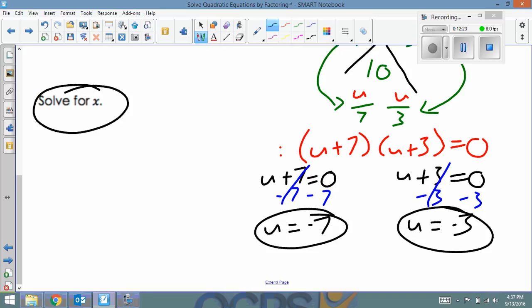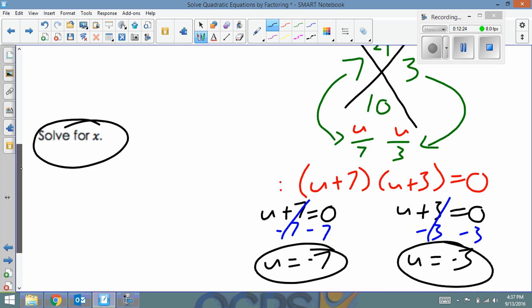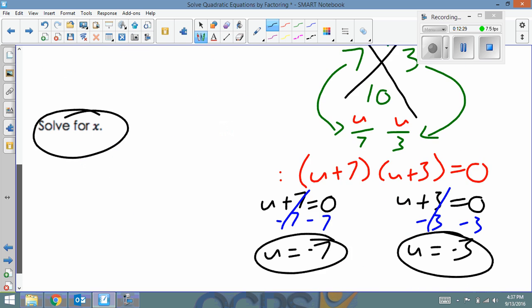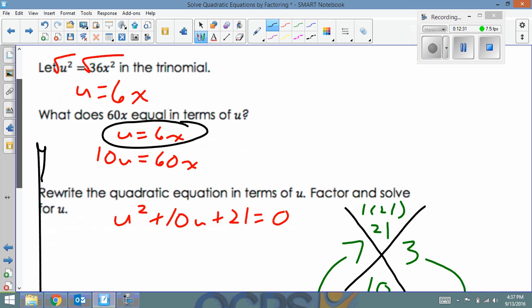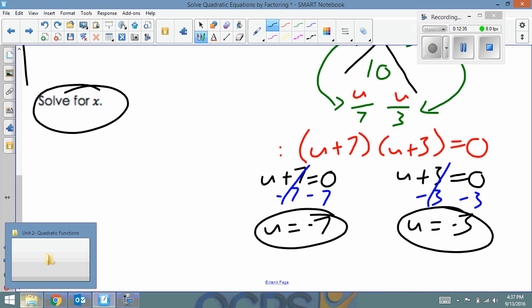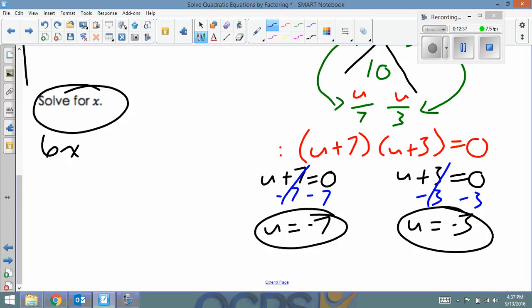But the cool thing is we know u, remember from the very top up here, is 6x. So that means I can take that and put 6x in place of u. So we know 6x is going to equal negative 7. We also know 6x is going to equal negative 3.